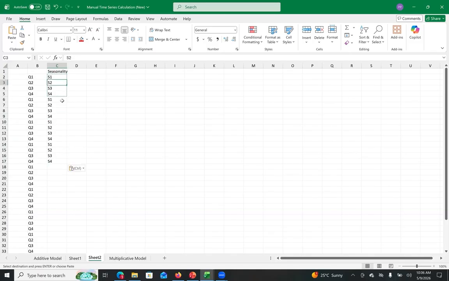Just for our understanding, I'm going to put some values. Let's say 0.4, 1.2, 0.7, and 1.1. And then the same values will repeat again, and again, and so on, because this is how seasonality is.